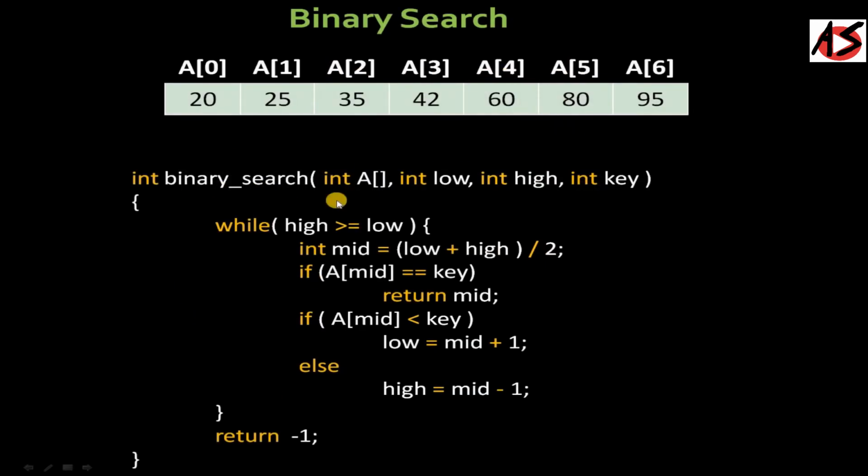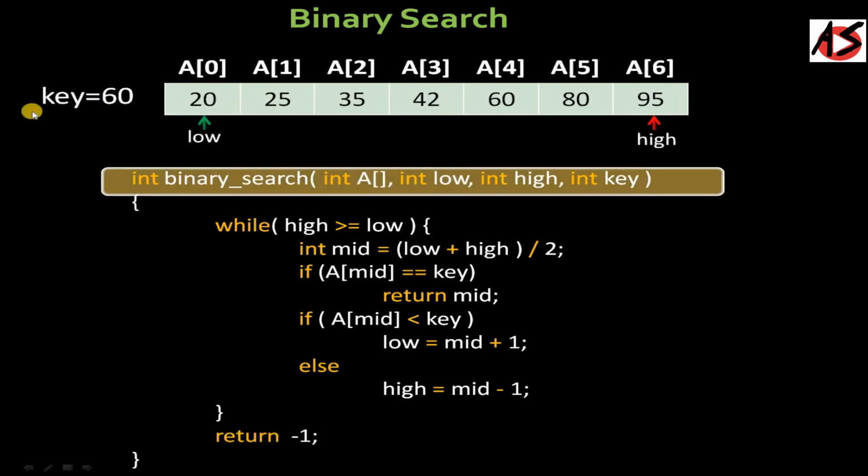So you can see here the algorithm of binary search, in which we are passing the array, the low and high variables, and the key element that you want to search. If your element is not found, straight away you return -1, which indicates failure.